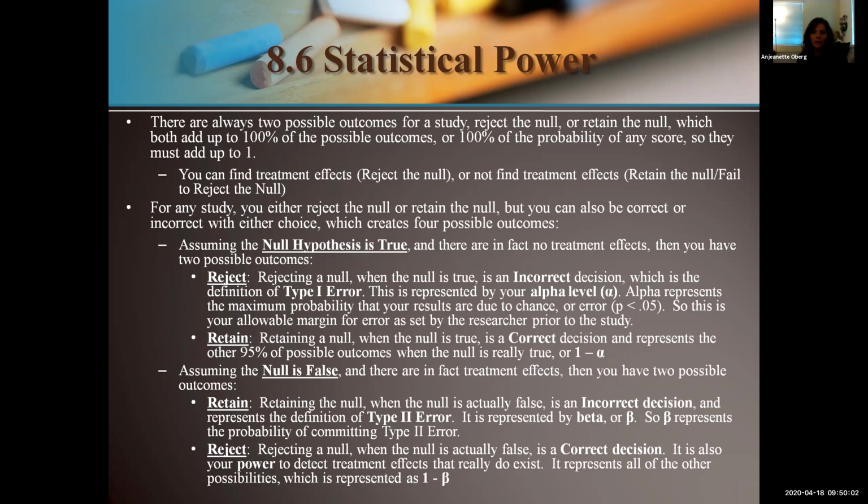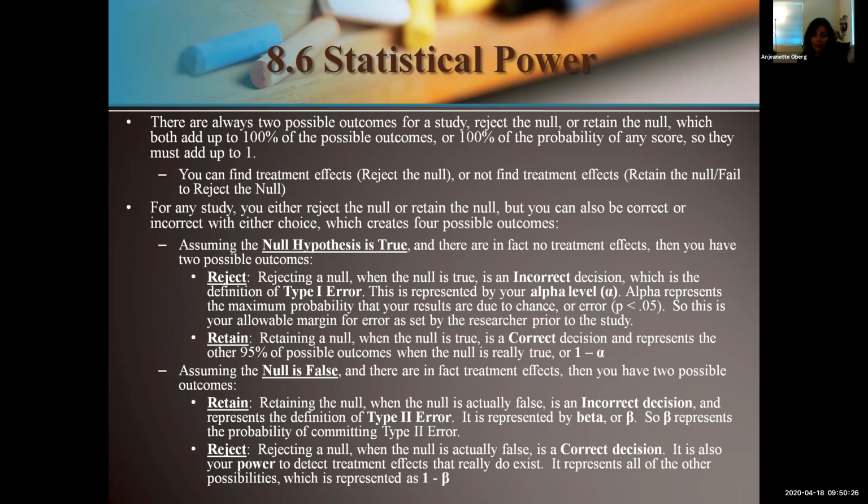What's the probability of being wrong? What's the probability of committing a type 1 error? What's the probability that our results are just due to chance and not because of our true treatment? And we want to hold that as best as we can. No more than a 5% probability, but as we know, other researchers will often rely on 1% or 0.001%.